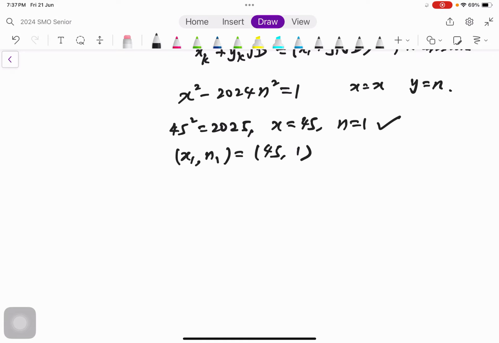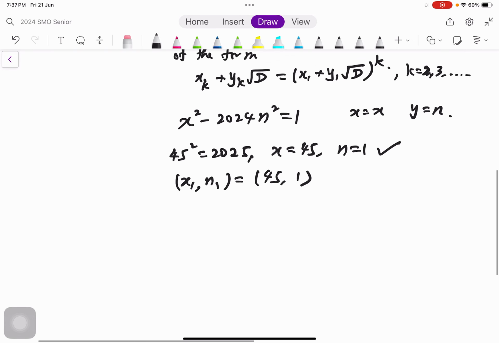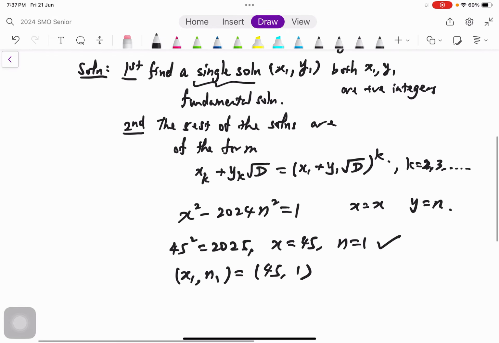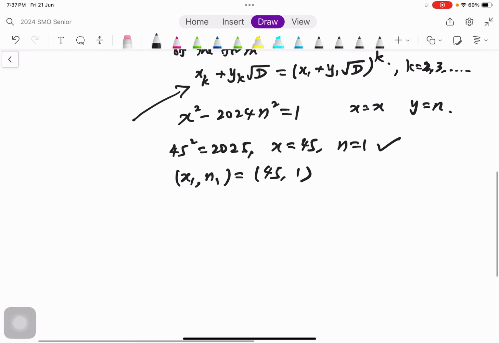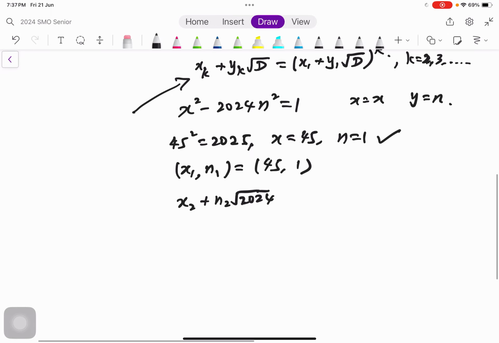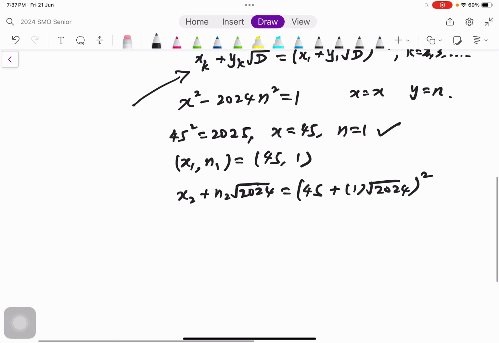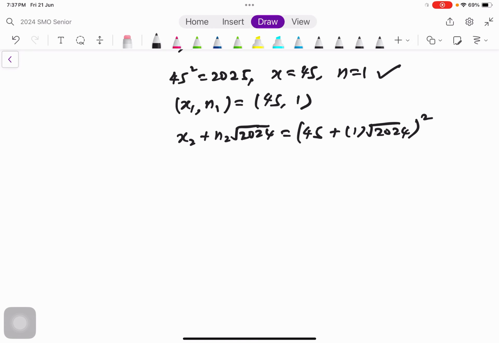Then remember, by Pell equation, the rest of the solutions are generated by this form. Therefore, I look at x2 plus n2 square root of 2024, and it is just equal to 45 plus 1 square root of 2024, raised to the power of 2.